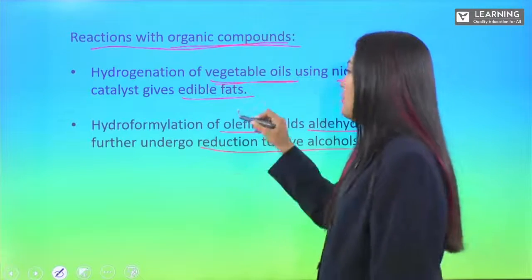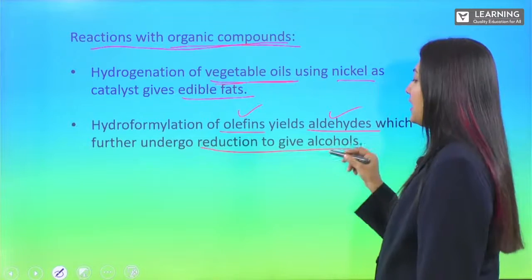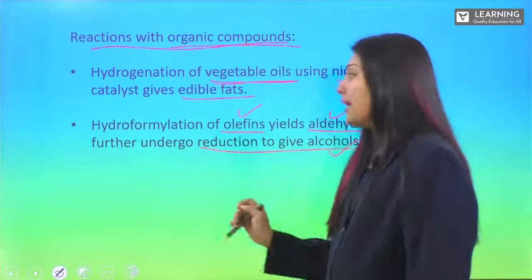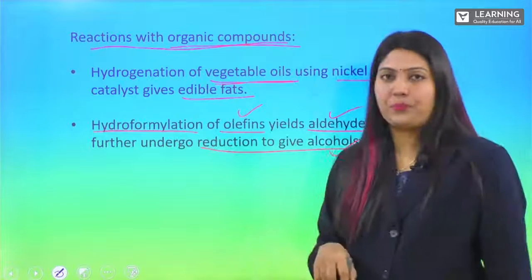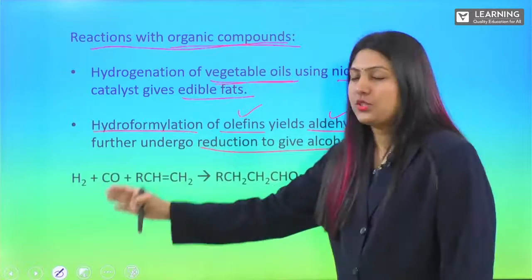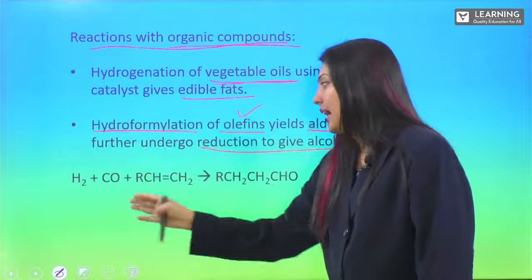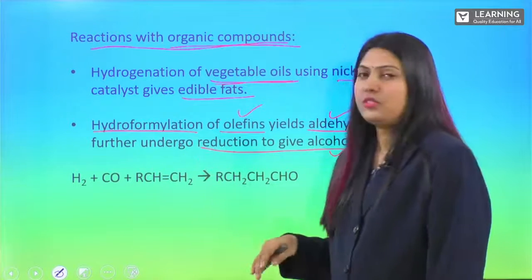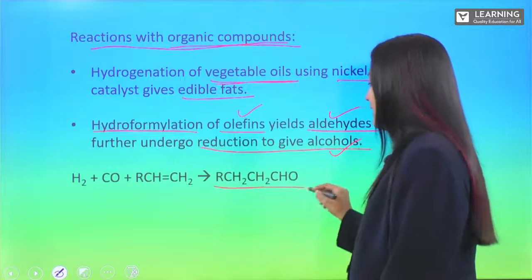That means from olefins we can get aldehydes and alcohols by hydrogenation. We can also say hydroformylation: H2, hydrogen, when it reacts with carbon monoxide and olefins, we get the aldehydes.